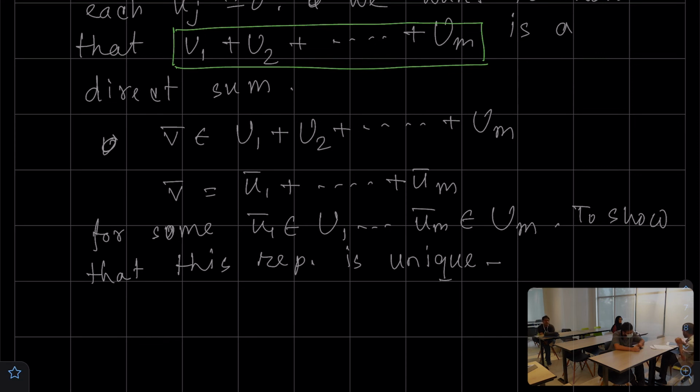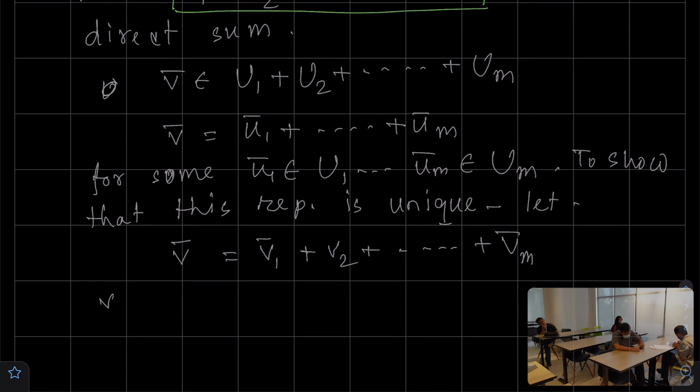let us consider that there is another representation of v that can be written as v1 plus v2 plus vm, where v1 belongs to U1 and vm belongs to Um.